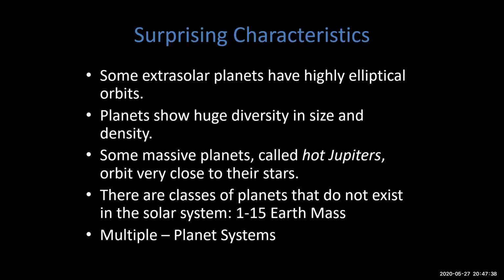And it turns out there are a lot of multi-planet systems. The best place to find new planets is around stars where you've already found planets. If you know it's got one planet, why not another planet? You know it was successful one time, why not again?